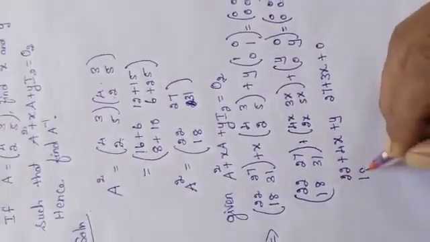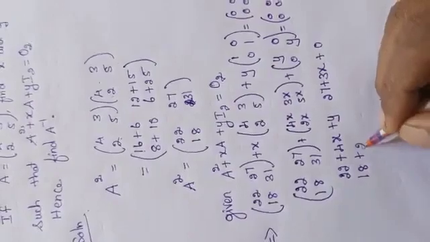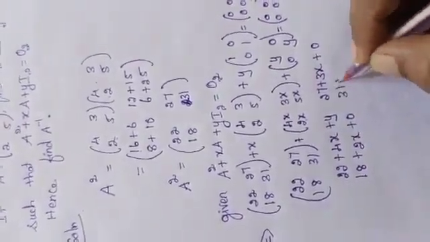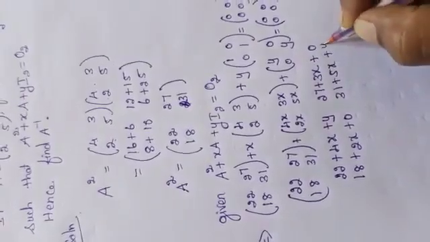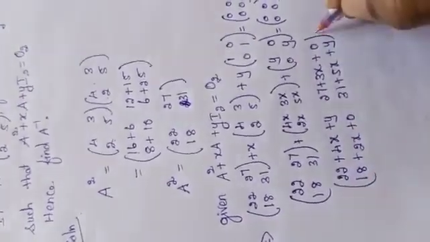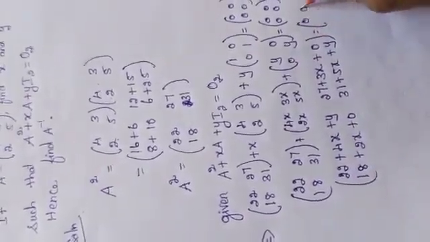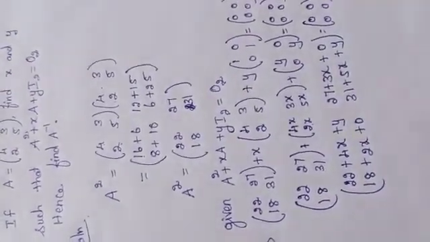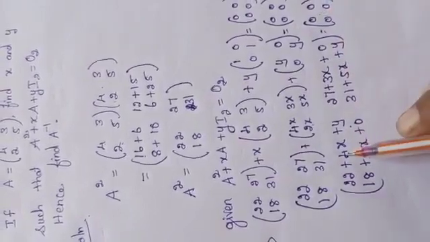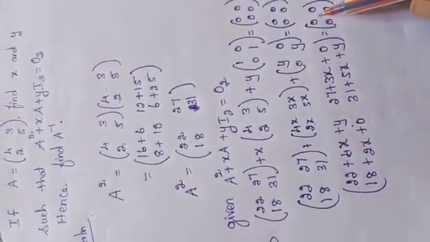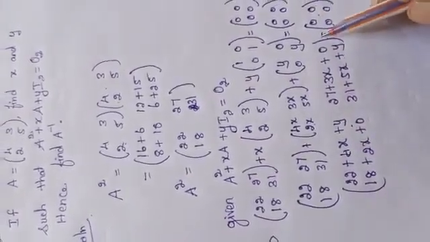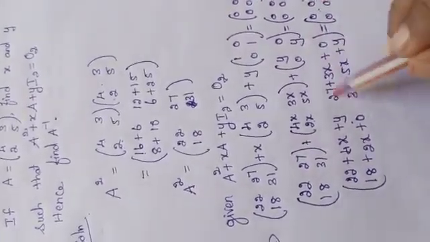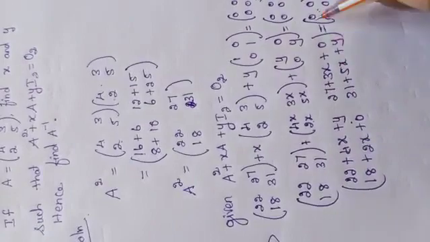Here 18 plus 2X plus 0. 31 plus 5X plus Y equal to 0, 0, 0, 0. Now on the left hand side we have one matrix and on the right hand side we have one matrix. Since there is an equal sign in between, we can equate the values. See, this will be easy for us. Only one unknown is there.